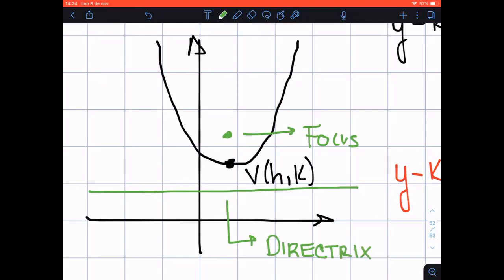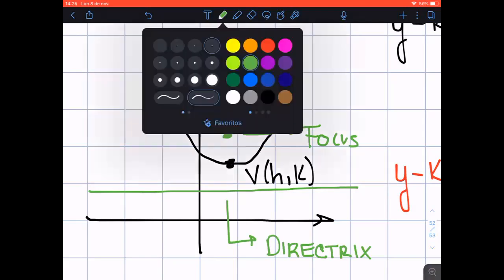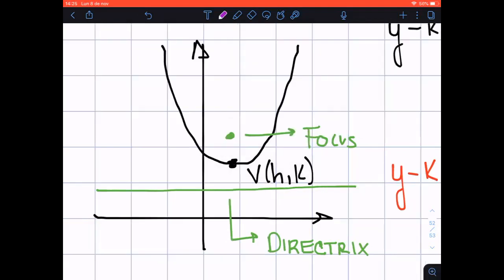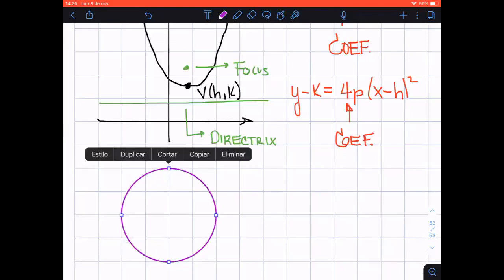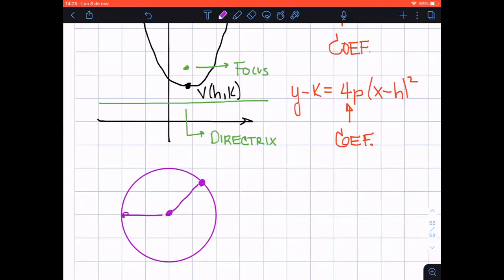So why do a line and a point appear now in the definition of a parabola? Well, geometrically, as you recall, we saw previously that circles are curves where any point on that curve will have exactly the same distance to a fixed point that we call the center.